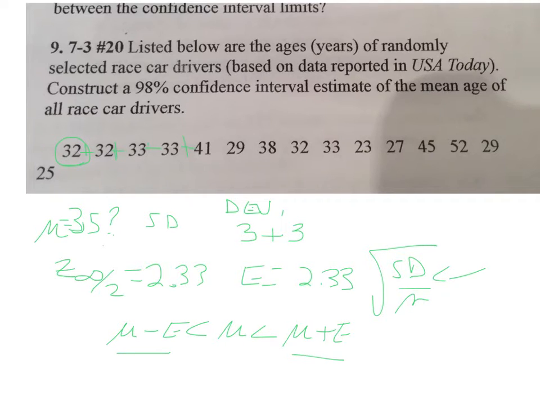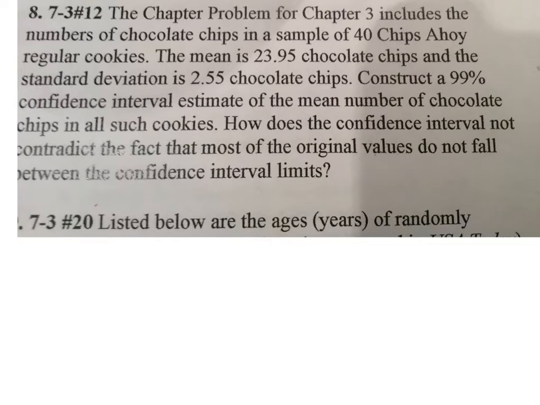Okay? So looking forward to number 8. There's number 8. And I think we've got the same thing again. We've got a sample of 40, and so n is going to equal 40. And they're giving you a mean of 23.95, a standard deviation of 2.55.